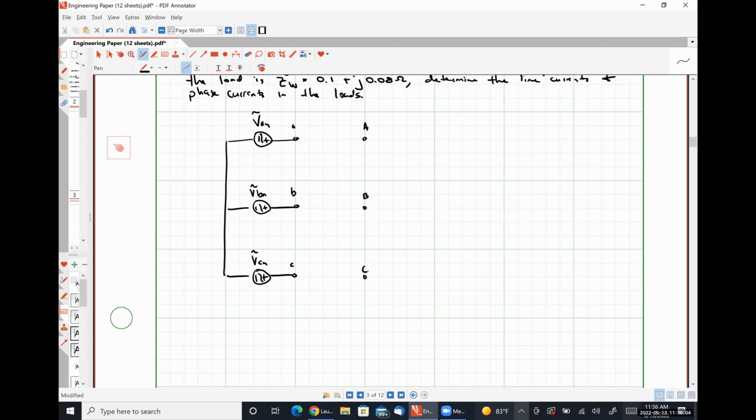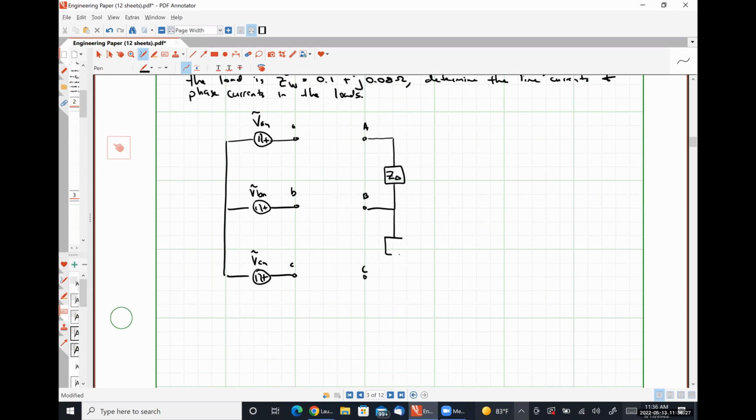All right, so now let's talk about how we're going to make this load connection make sense, okay? So there's a delta connected load. So that means that we should see an impedance connected between transmission line terminal A and transmission line terminal B, that is Z delta.